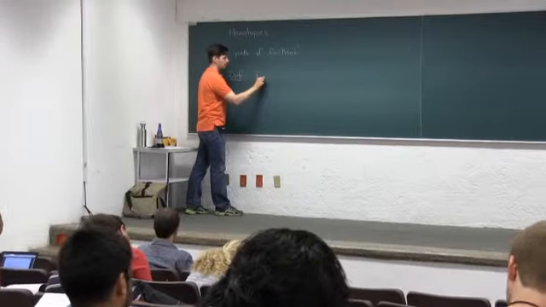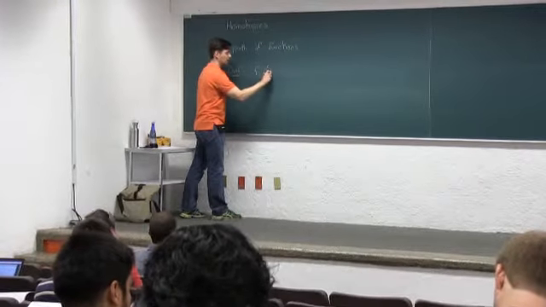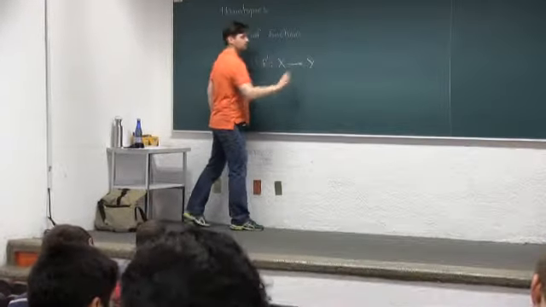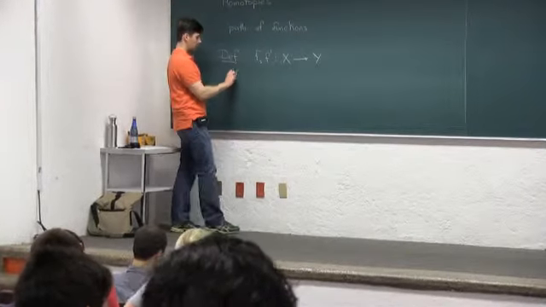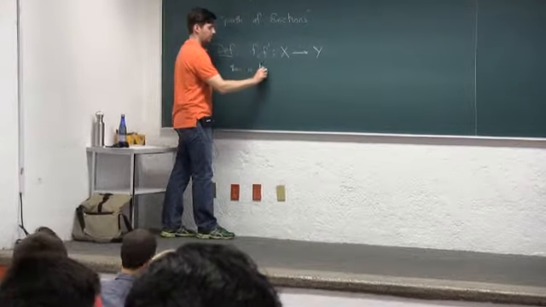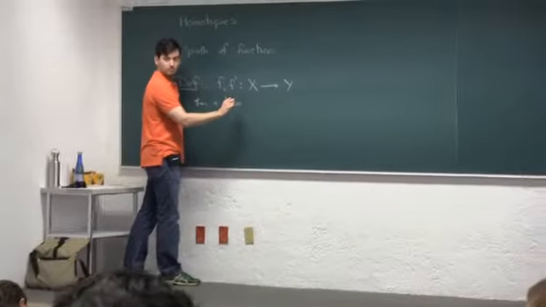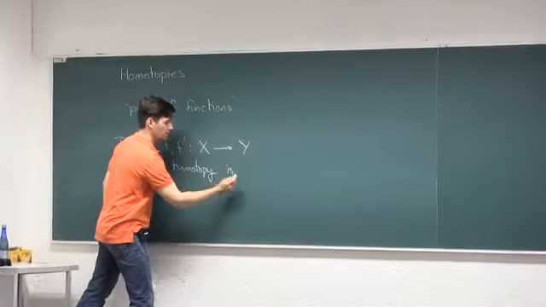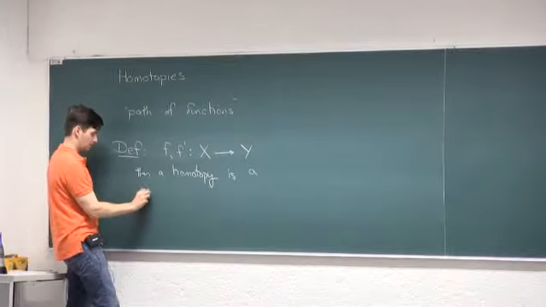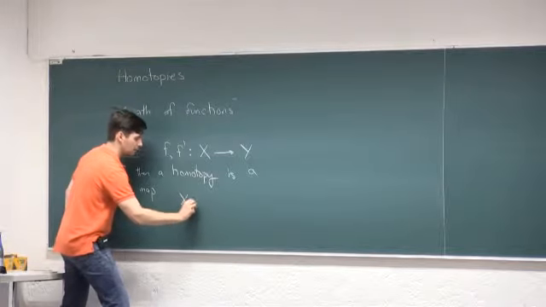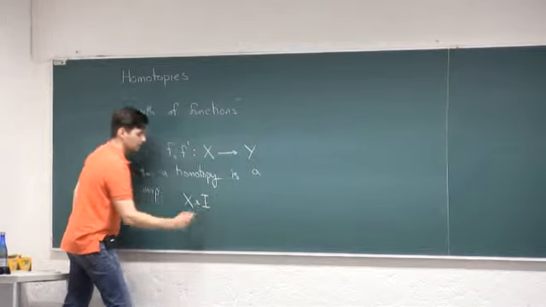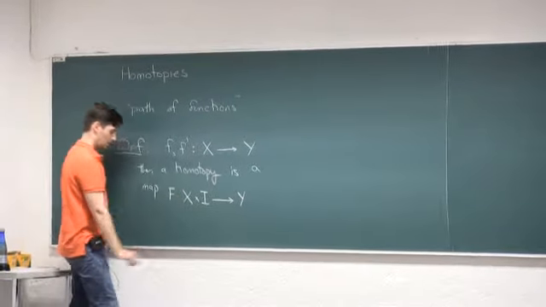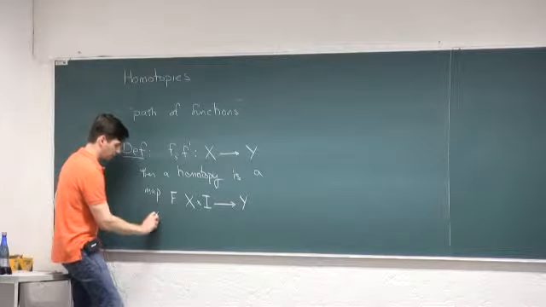So if f and f prime are two functions between G spaces, X and Y, then a homotopy is a map X cross the standard interval into Y, such that, well, the usual things that we'd have.